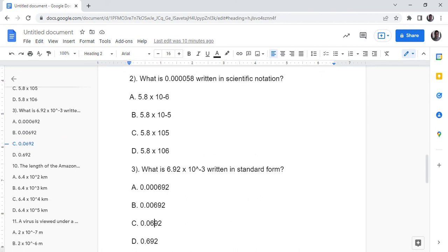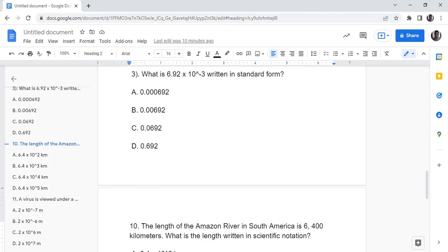So in question 3, we have, what is 6.92 times 10 to the negative 3 written in standard form? In this case, we would insert this value in our calculator.